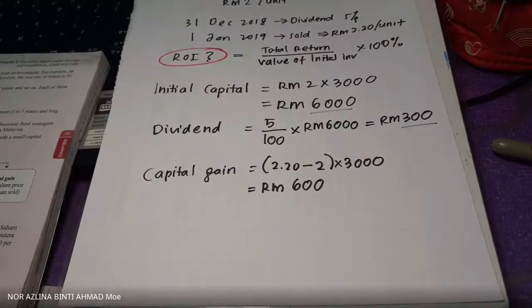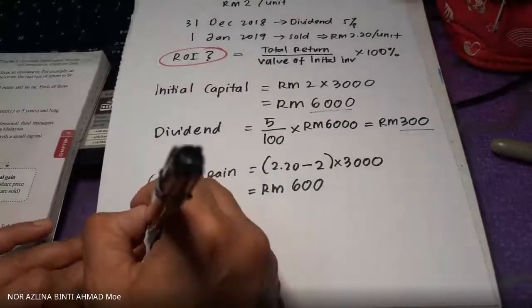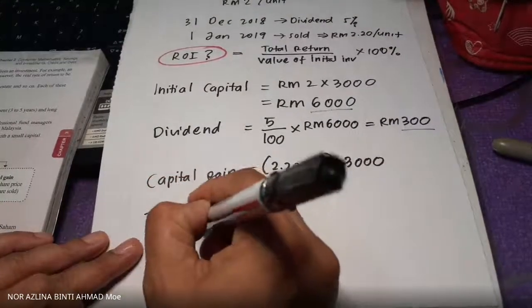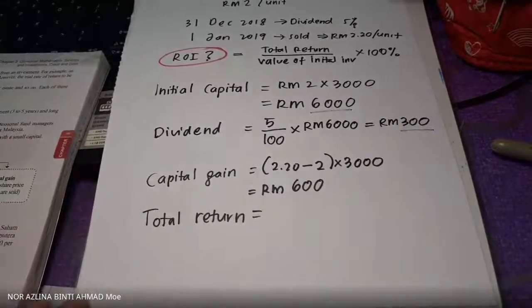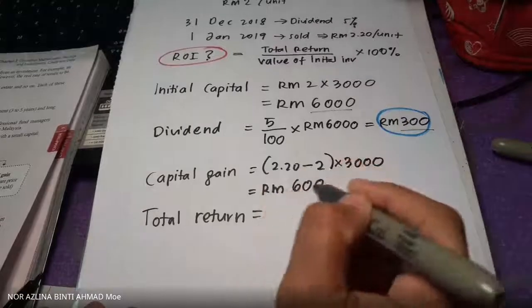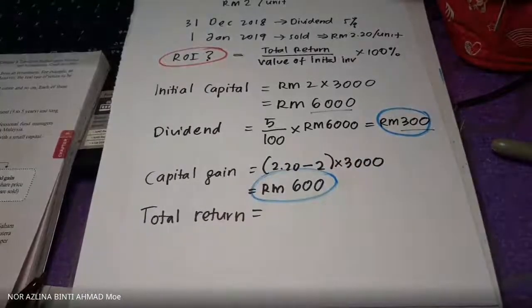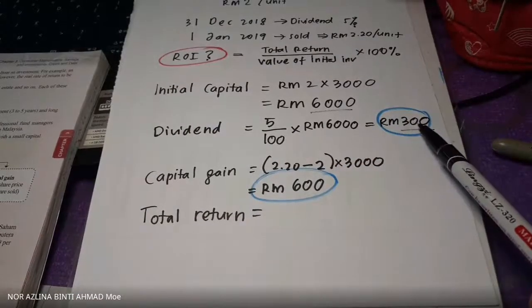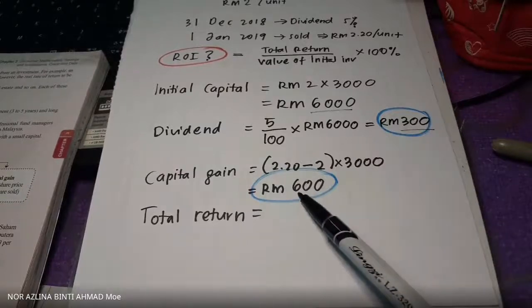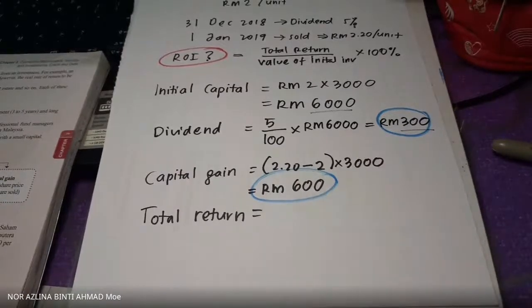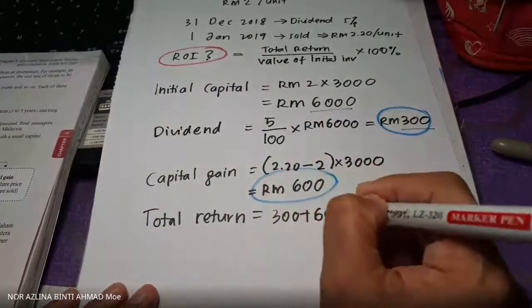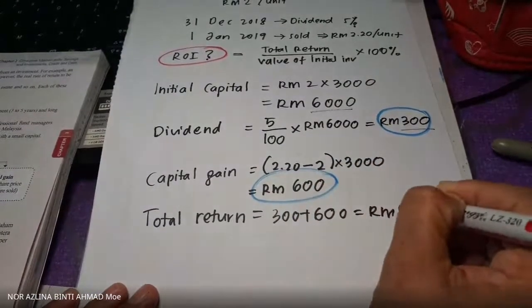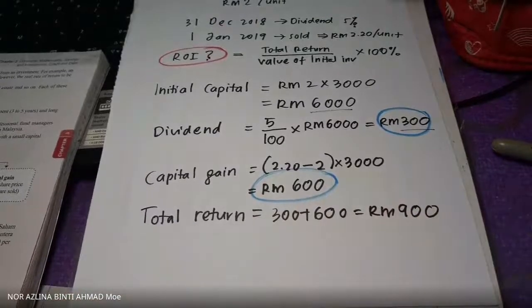So, total return ini dia dapat, ini dia dapat. Ini dia dapat pada penghujung 2018. Yang ini dia dapat sebab dia jual pada 2019. So total return is 300 plus 600, so RM900. So dia dah untung RM900.